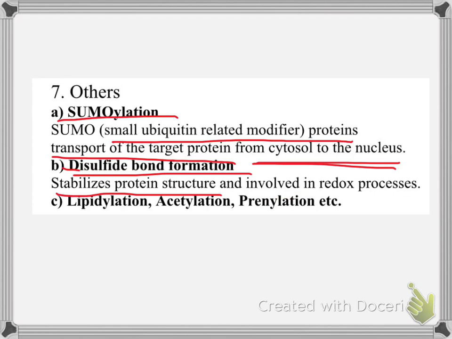The next processes are lipidylation, acetylation, prenylation, etc. So after the synthesis is completed, the proteins can be modified by various methods such as phosphorylation, glycosylation, ADP ribosylation, hydroxylation and addition of many other groups. These are about post-translational modification.